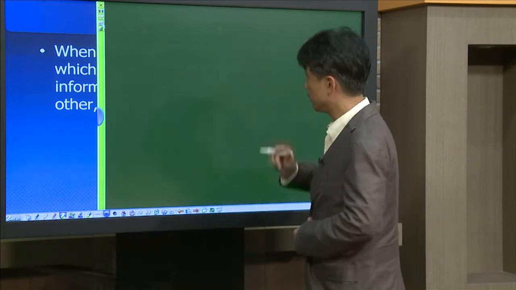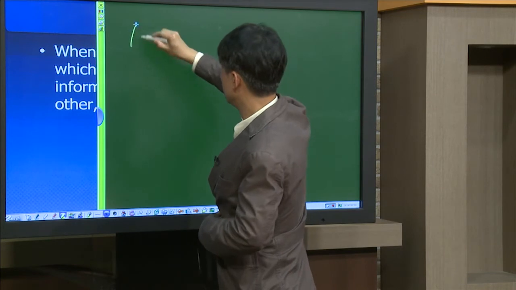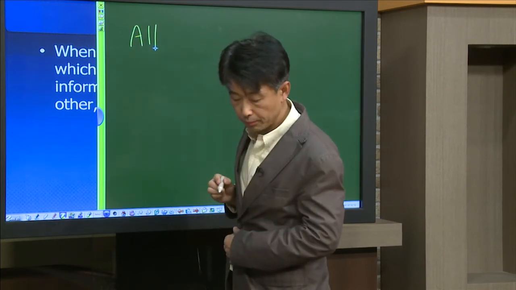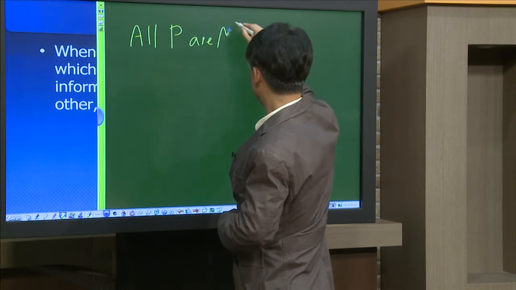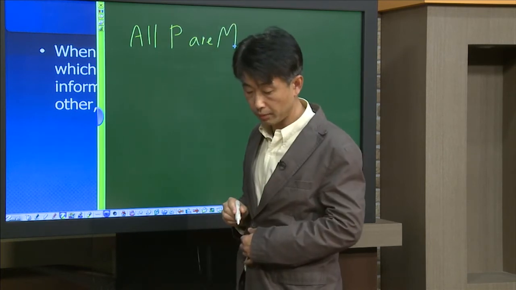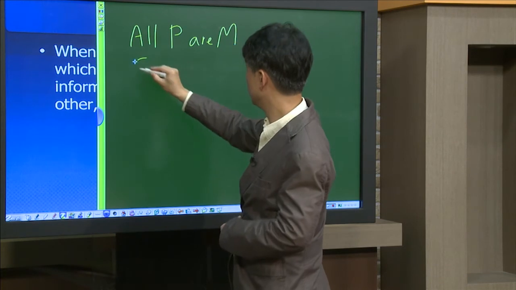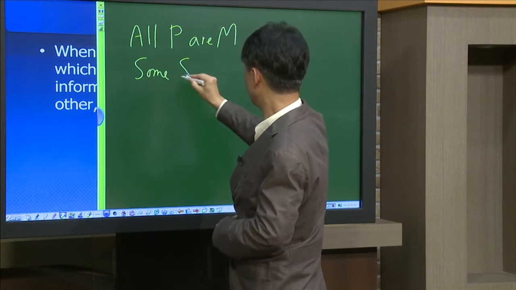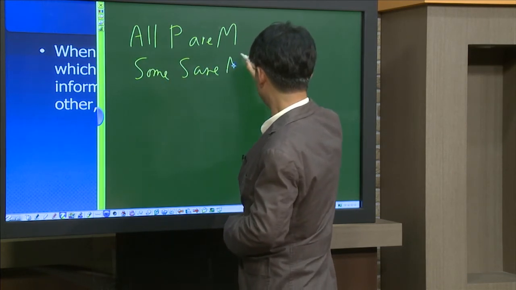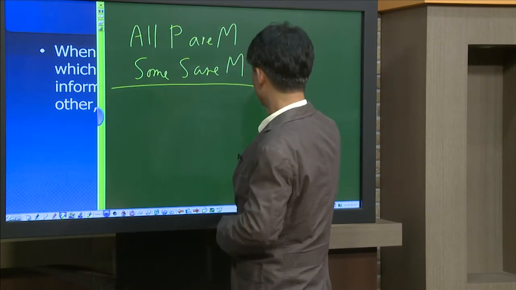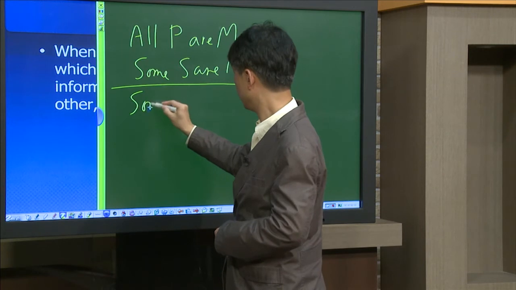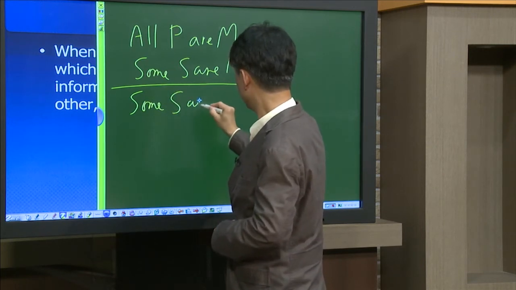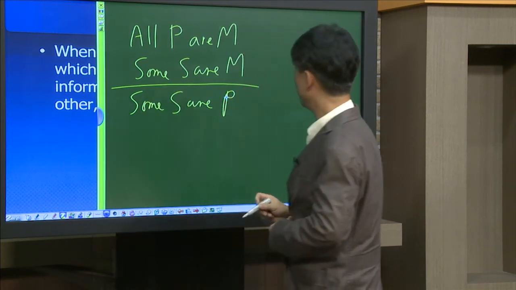Okay. Here is another example. All P are M. Some S are M. The conclusion is some S are P. Okay.